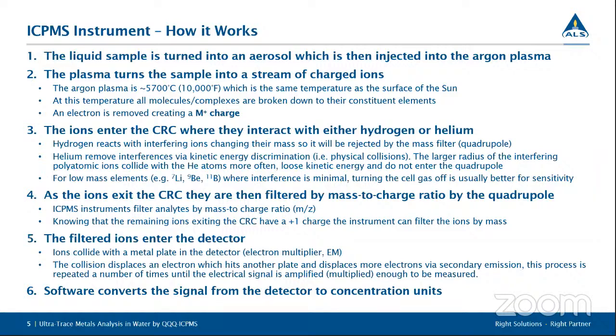This collision displaces an electron, which hits another plate and displaces more electrons via secondary emission. The process is repeated until the electrical signal is amplified and measured. Then software converts the electrical signal into a number that you can apply to a calibration curve.